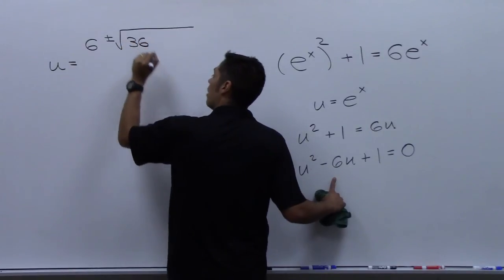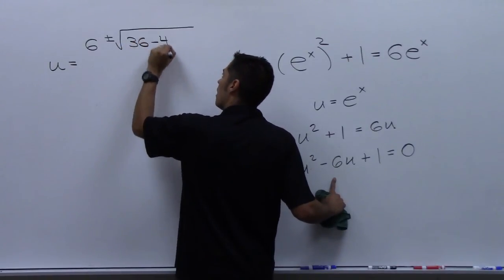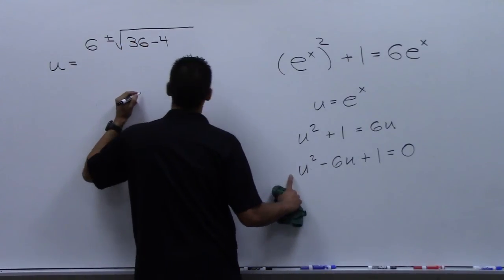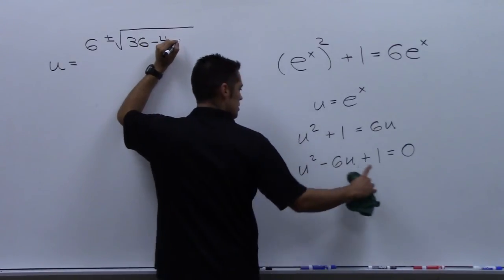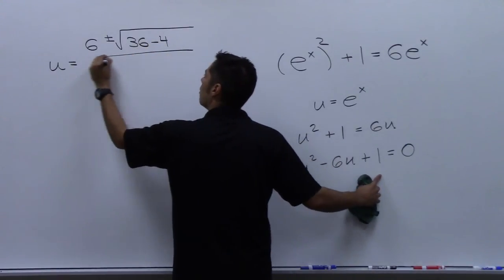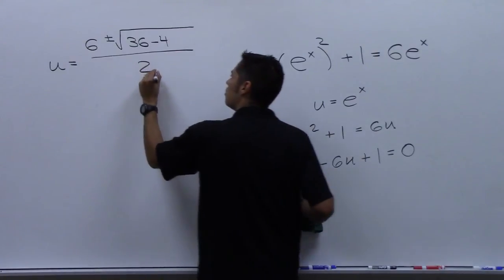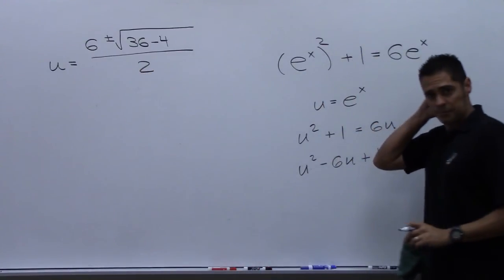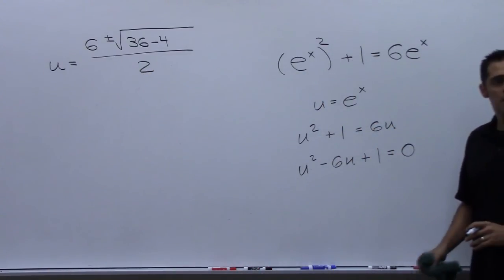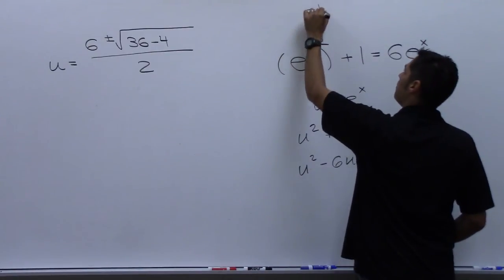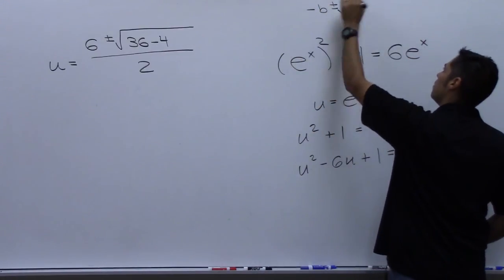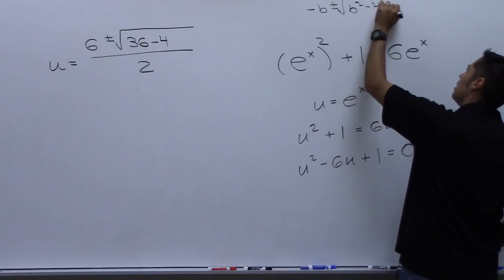Negative 6 squared is 36, minus 4 times a, which is 1, times c, which is 1, so just 4, over 2 times a, so just 2. The formula is negative b plus or minus the square root of b squared minus 4ac all over 2a.